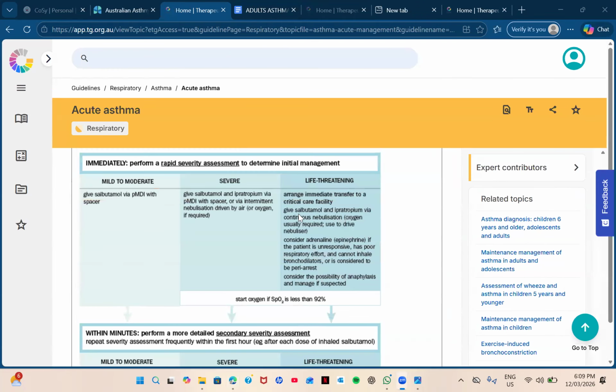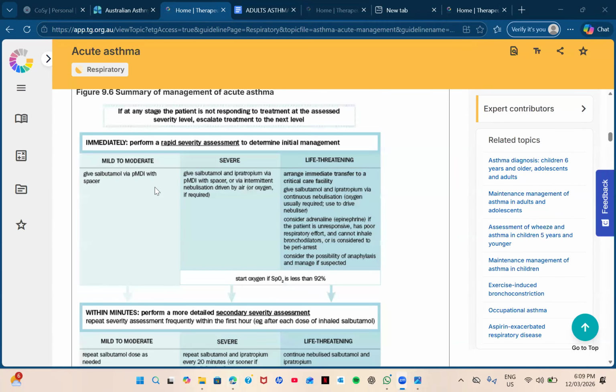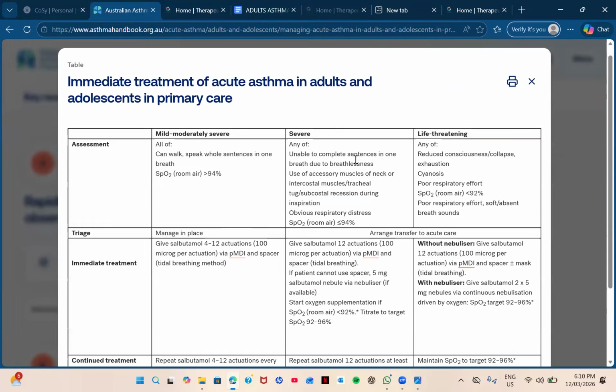And here what they have mentioned for mild to moderate is give salbutamol via PMDI with spacer, right? Here also give salbutamol 1 to 12 actuations via PMDI and spacer. Same thing, okay?